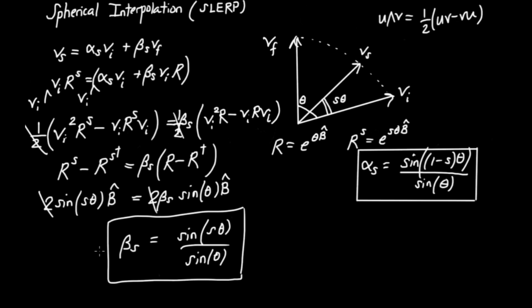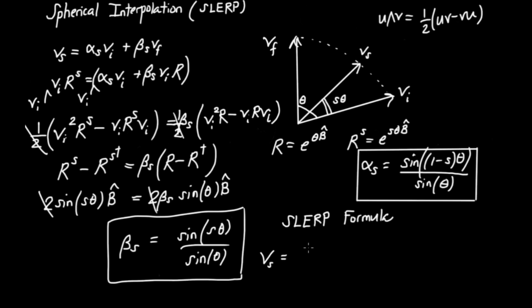So we're done. Now that we've got our two coefficients, the alpha sub s and the beta sub s, let's write out the formula for doing SLERP, the spherical interpolation. So v sub s, where again s is just some parameter, is going to be some linear combination of vi and of vf.